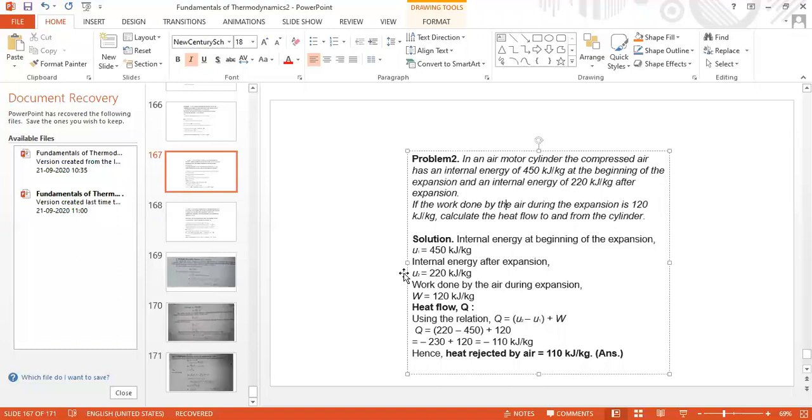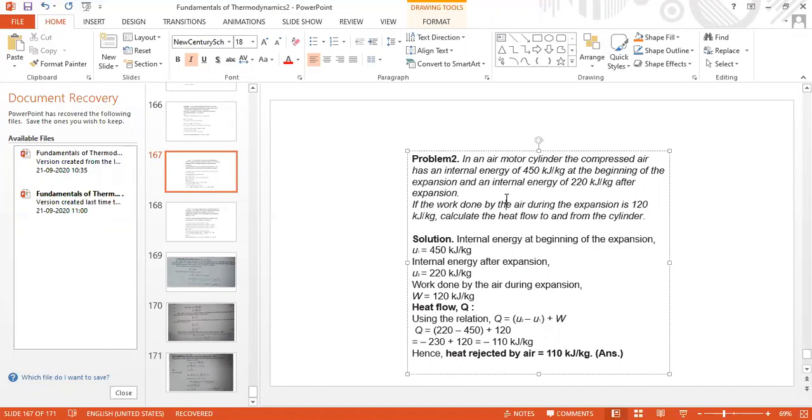Positive. It is positive because if some work is done by some system, the important term is "by". The important term in this sentence is work done by. Work done by a certain system. You ignore all these other things. Work done by the air during the expansion is 120 kilojoule per kg.